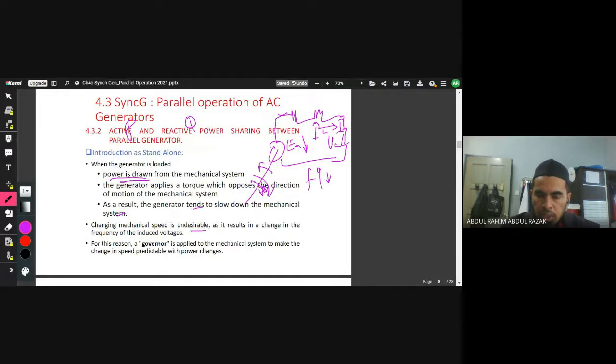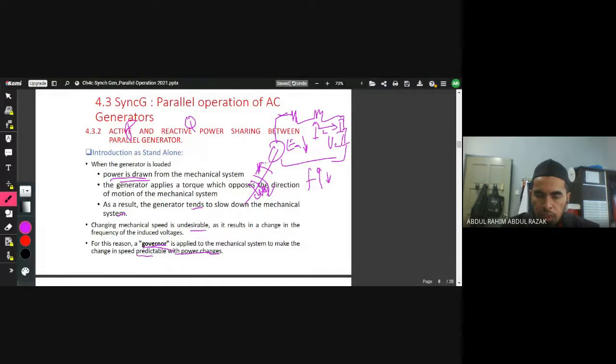So it is better to make the frequency static or stable, fixed at the rotation speed as initially we set, but we use a governor to make the change in speed predictable with the power changes.